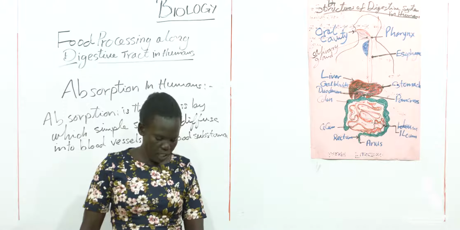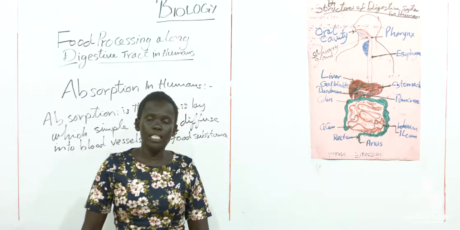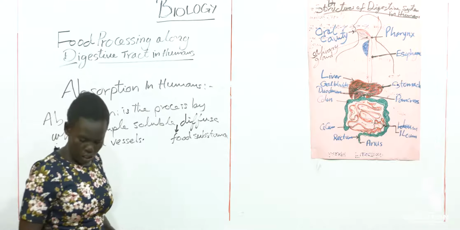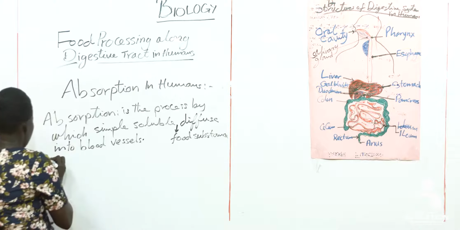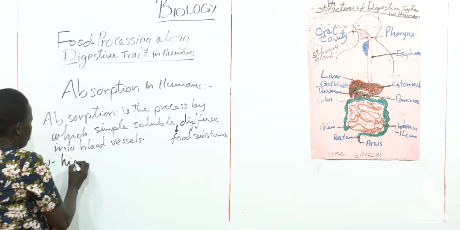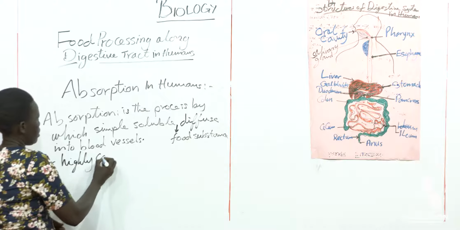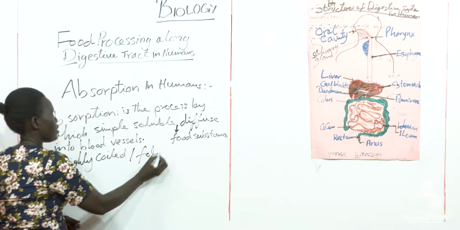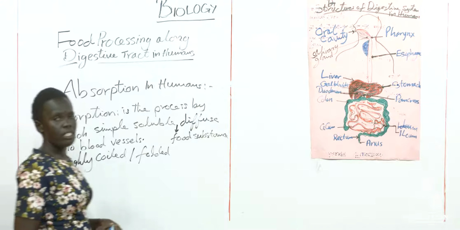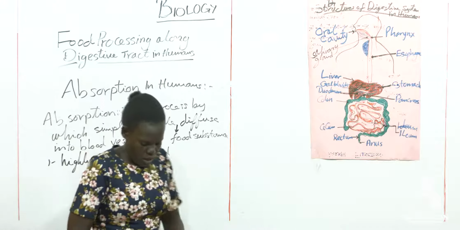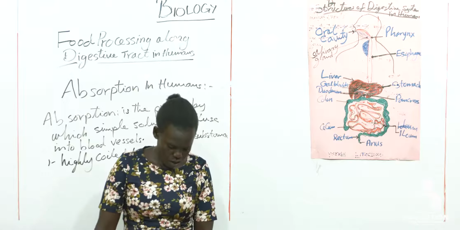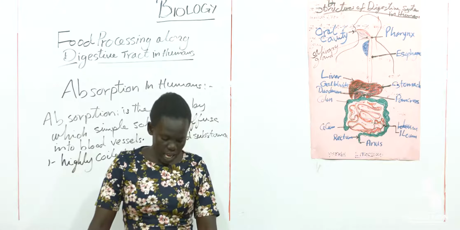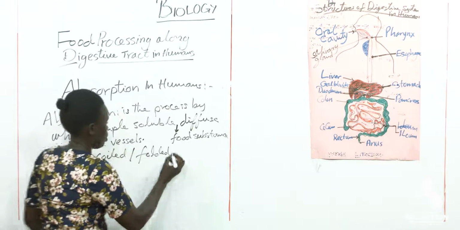Therefore, the small intestine is adapted to this function. What are these adaptations to suit the function of absorption? Number one, it is highly coiled or folded to give a large surface area for absorption.